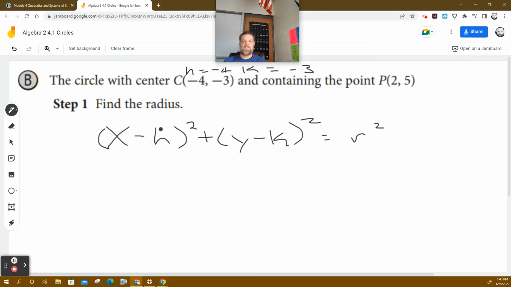Well, there's two ways to do this, but really, and then they tell us the point, it contains the point (2, 5). This is really the distance formula, right? And the distance formula, in other words, if I want to solve for r, don't I just take the square root of this side and the square root of this side?